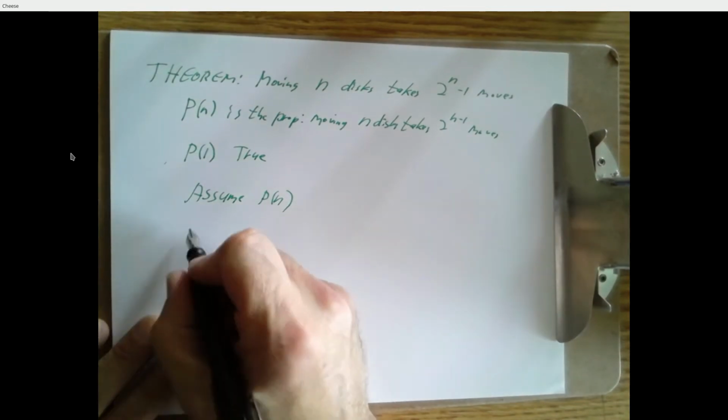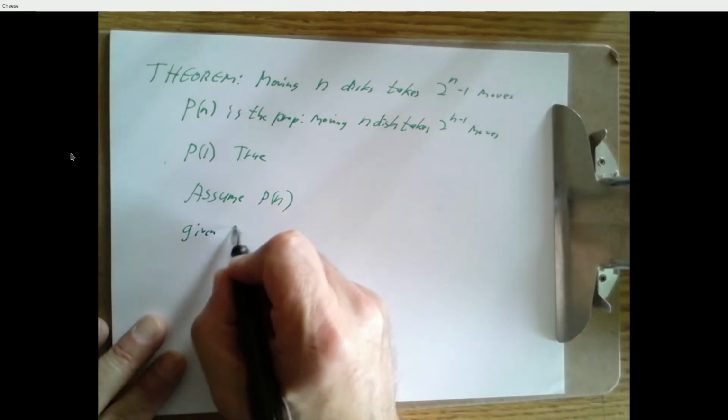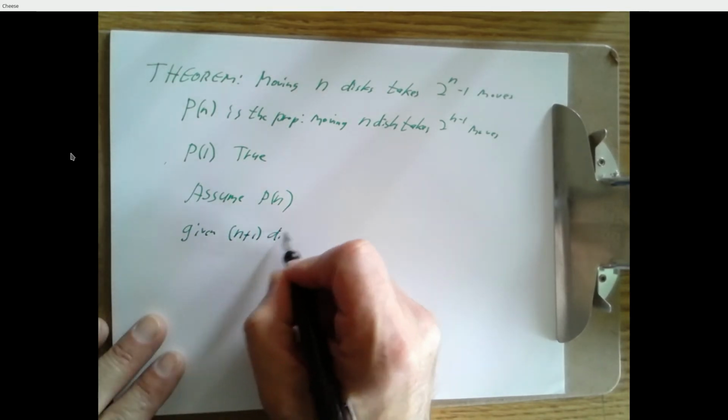Well, given n plus 1 disks, how do we solve this puzzle? First, we move the top n disks to one of the posts, and that leaves the largest disk exposed. We move that to our destination post, and then we move those n disks that we moved in the first place on top of that largest disk.